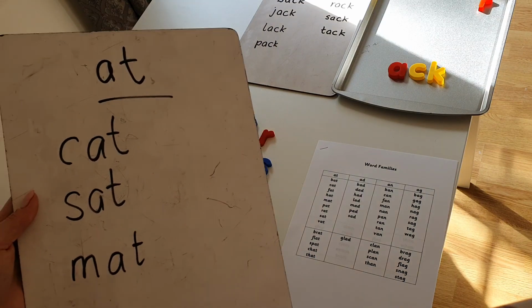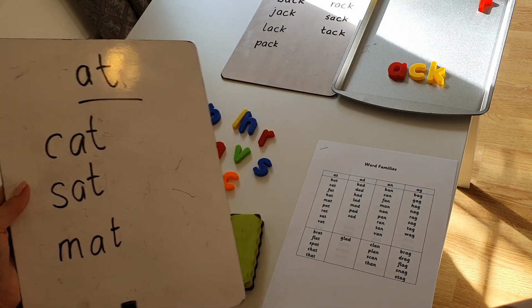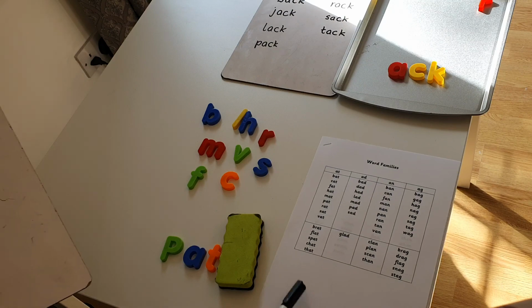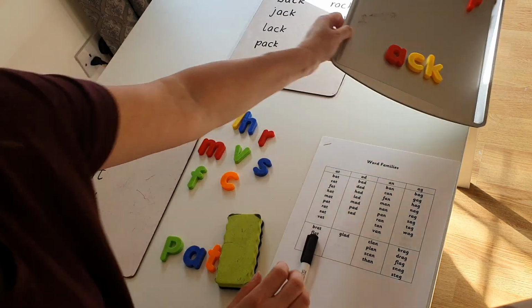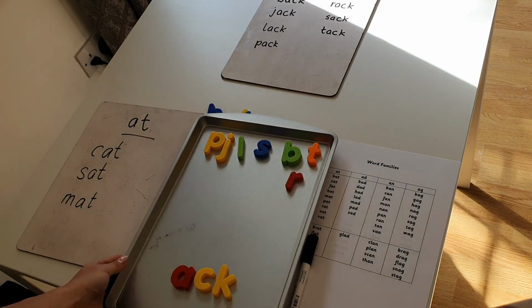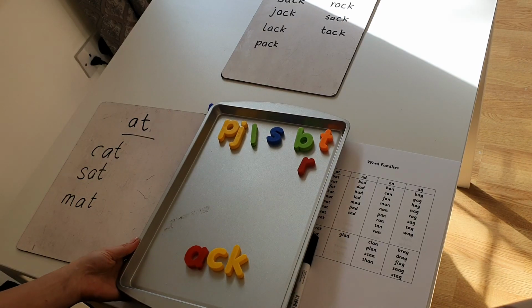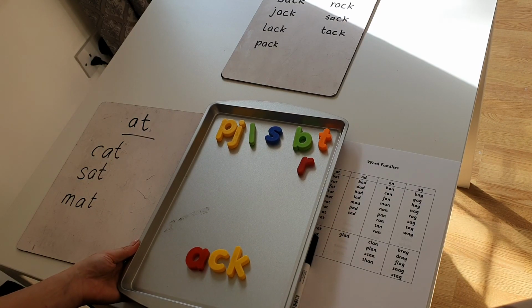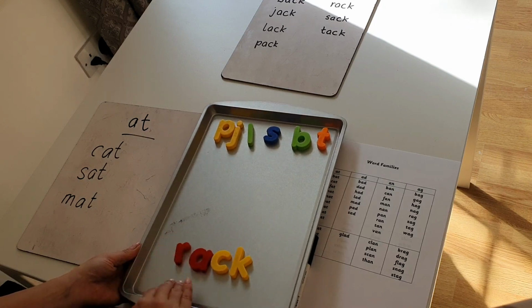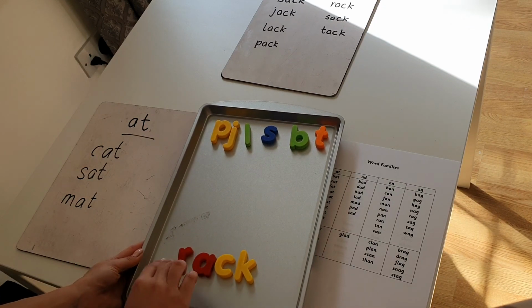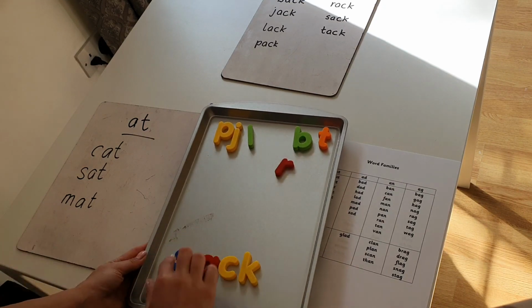So you can do this with a range of word families, and I'll forward this document on to you. For example, we could do it with ack words, and it's the same thing. Can you pull down a letter to make the word rack? Rack. Can you change rack to sack? Sack.